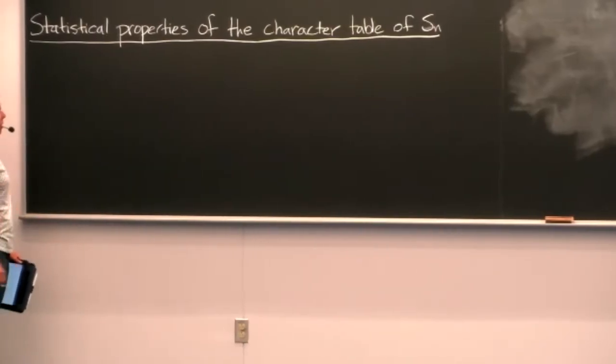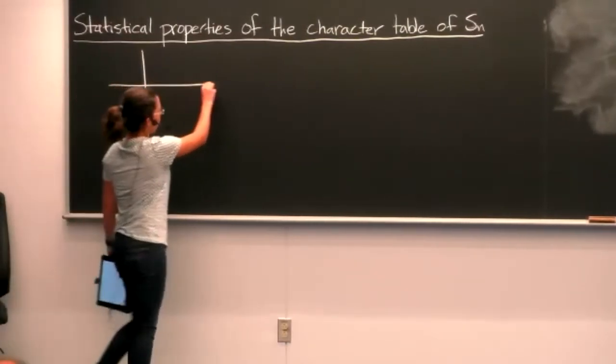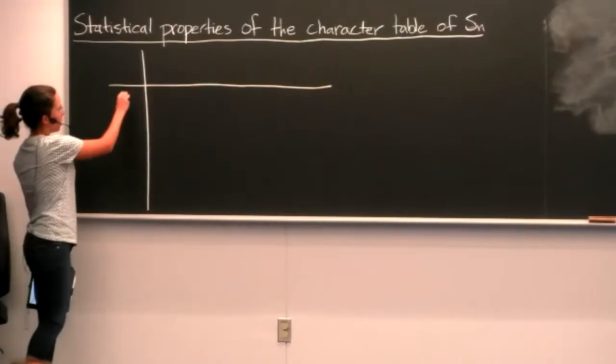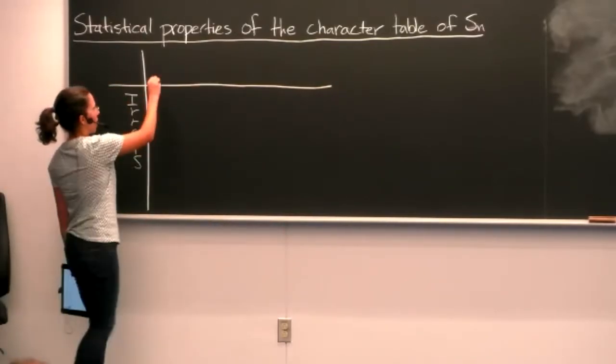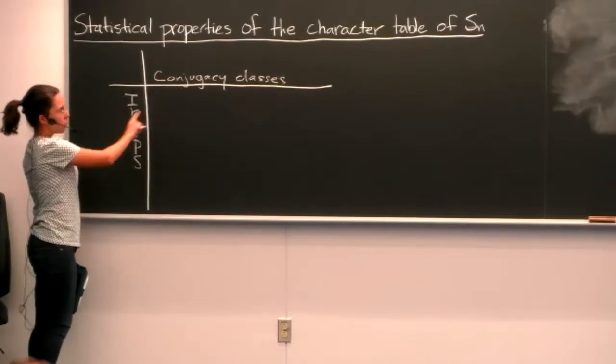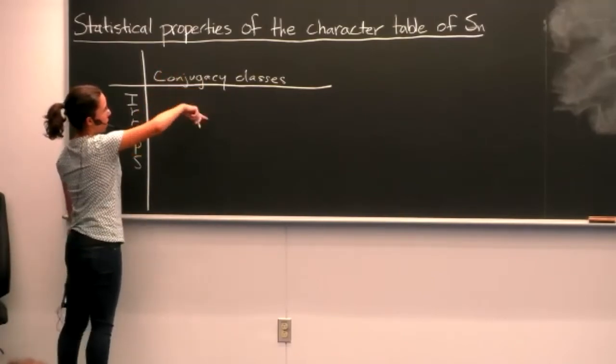So first I'll fix some conventions. So the character table of the symmetric group on n letters. Since the number of irreducible representations is the same as the number of conjugacy classes, it's a square table. And I'll label the rows by the irreducible representation and the columns by the conjugacy class.